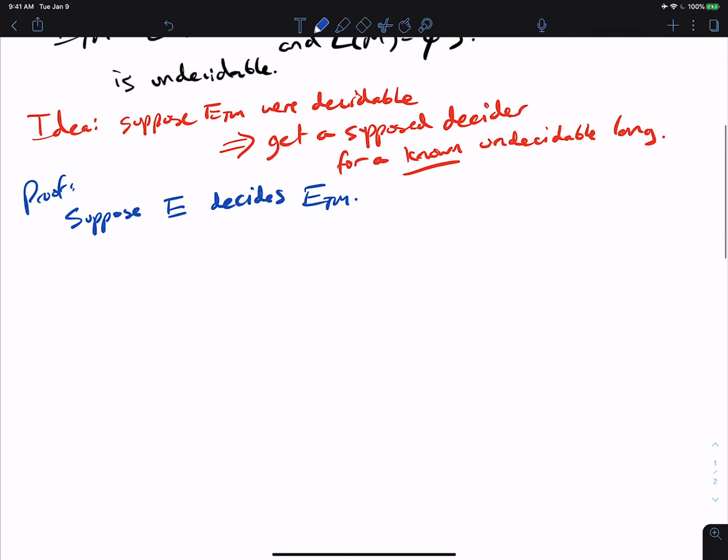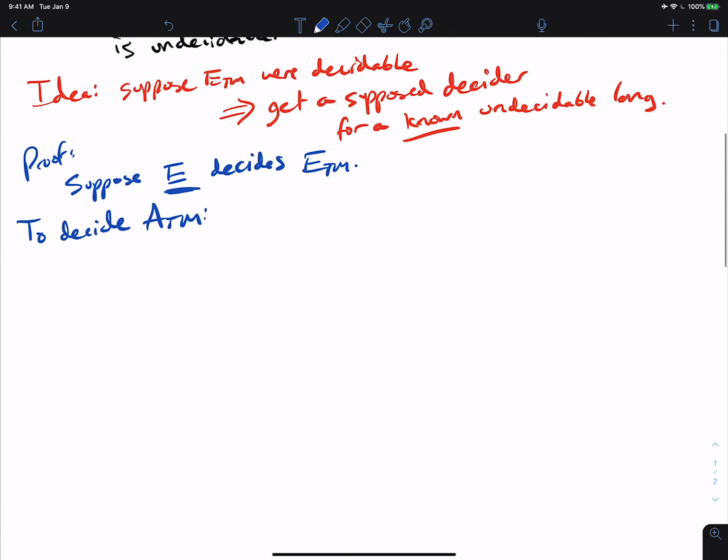Now we're going to try to decide ATM based on this hypothetical decider E. Remember the ATM problem takes a machine and a string. So on input M, W, where M is a Turing machine and W a string.